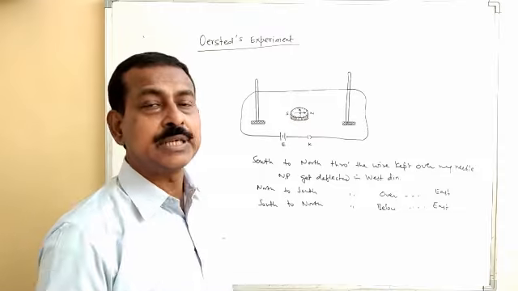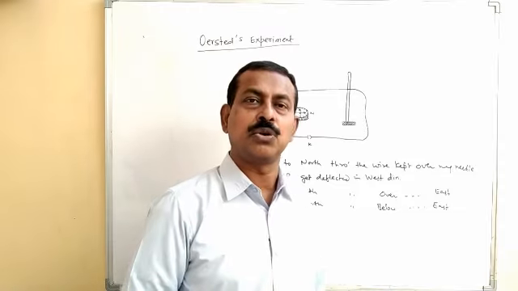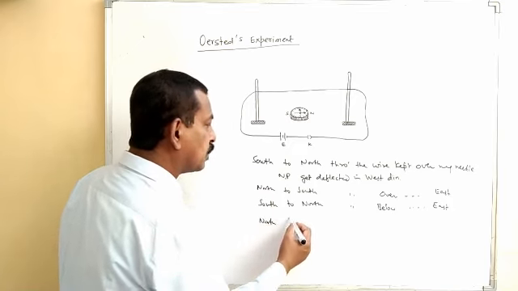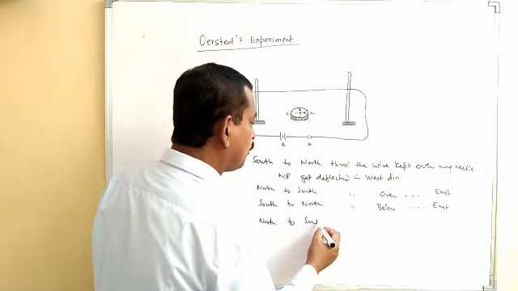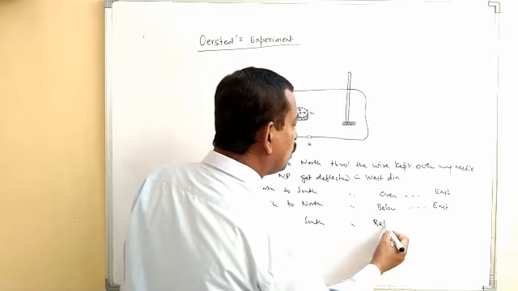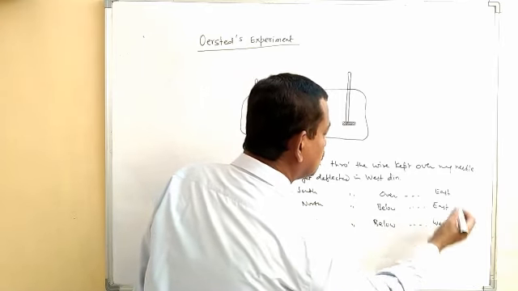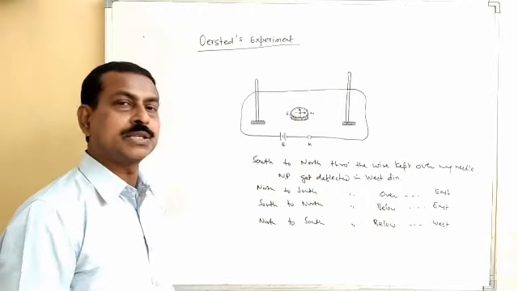Again, when he reversed the direction of current, the direction of deflection also got reversed. That means now when he is passing current from north to south and is kept below, then the direction of deflection gets reversed. That means it is in the west direction.